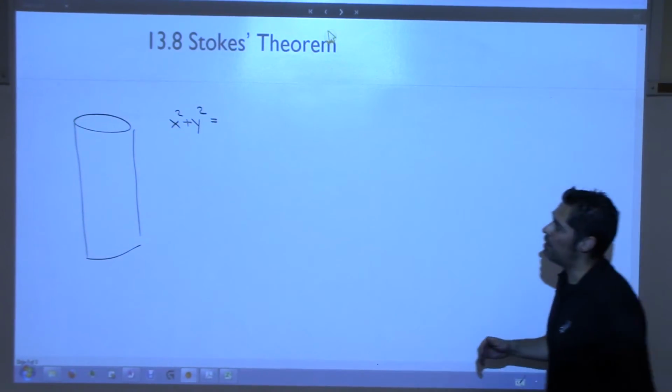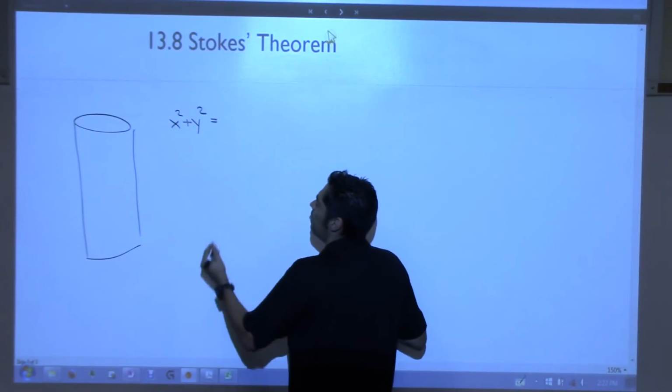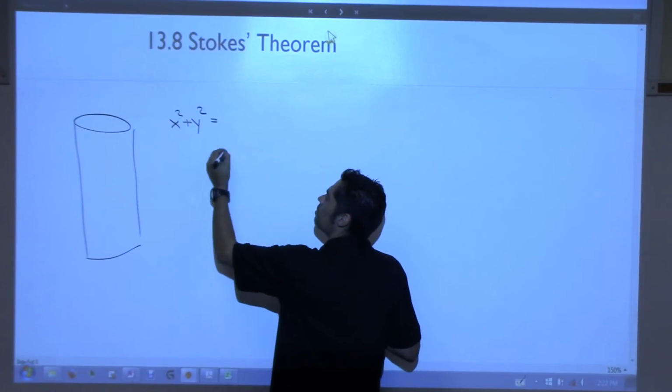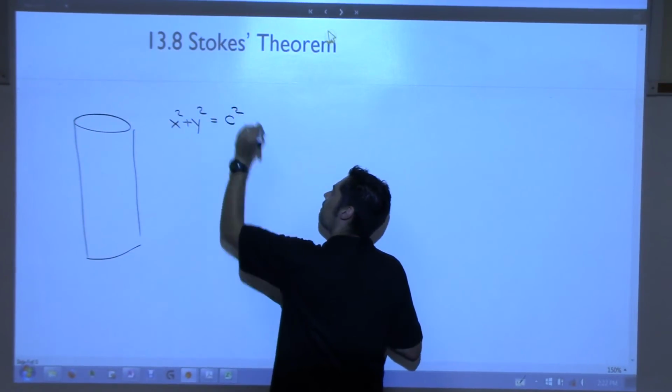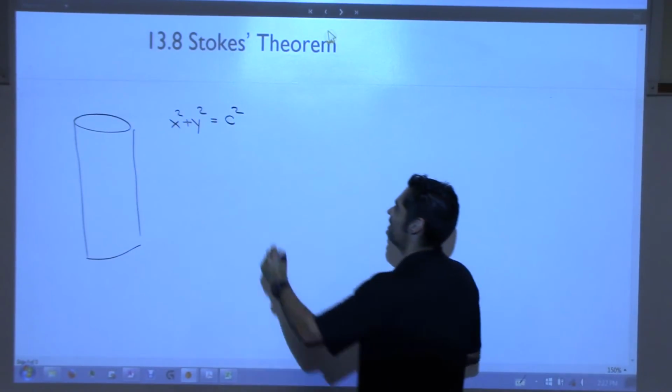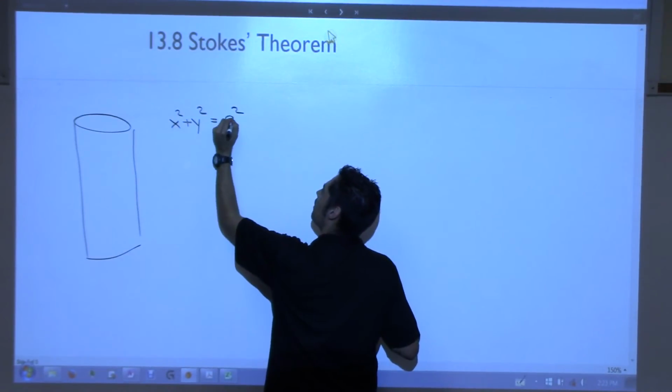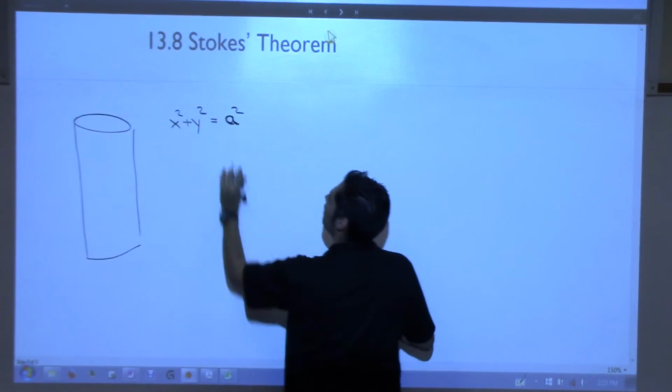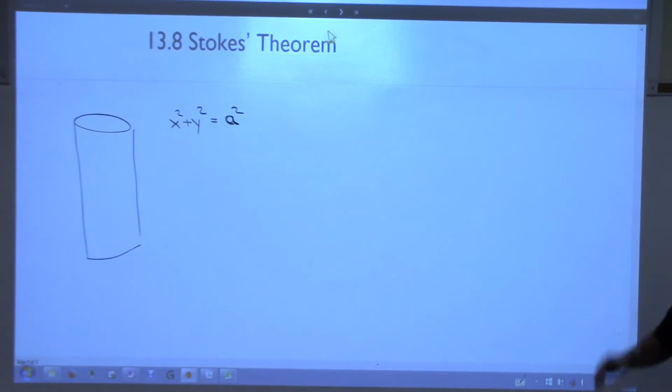You want to do general? Okay, let's not use r because we might need r. Let's just call it c squared. Some constant squared. You want to do a? Okay, I'll do a. Just for you. There you go. A squared.